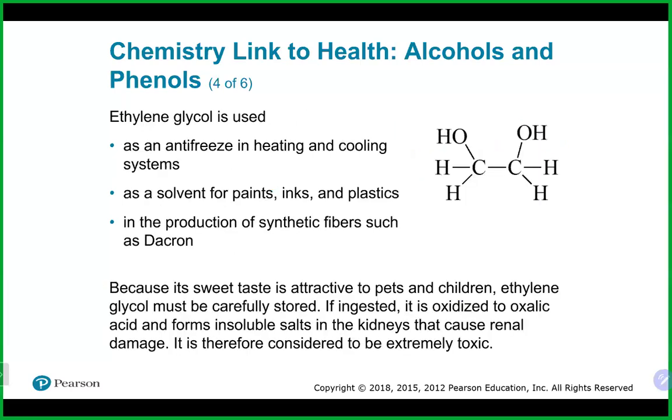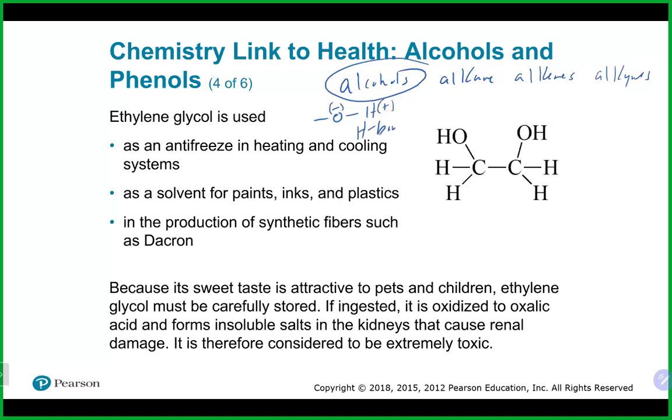So when we look at alcohols versus alkanes, or alkenes, or alkynes, it is the alcohol, because it has this polar OH group, that has the ability to hydrogen bond, and alcohols typically will have much higher boiling points and melting points because of that.